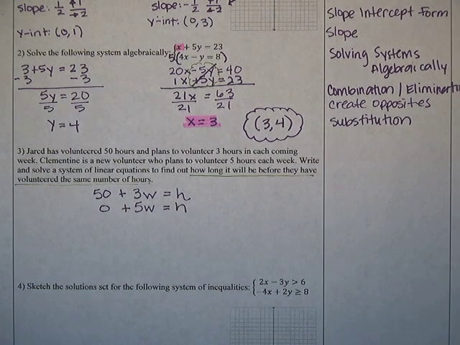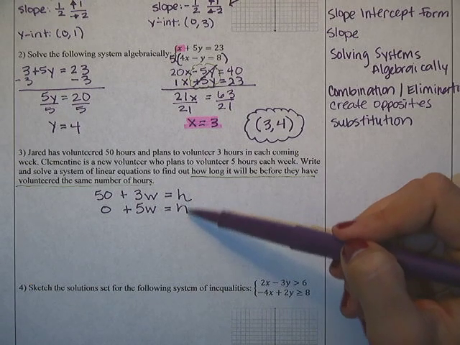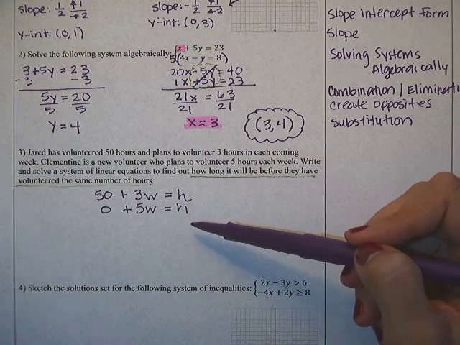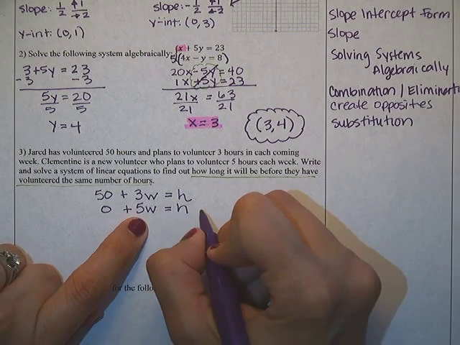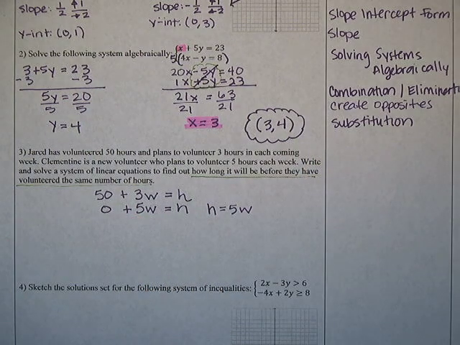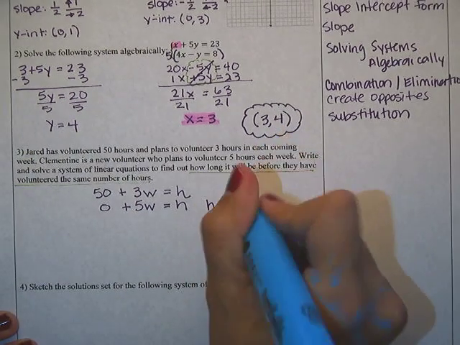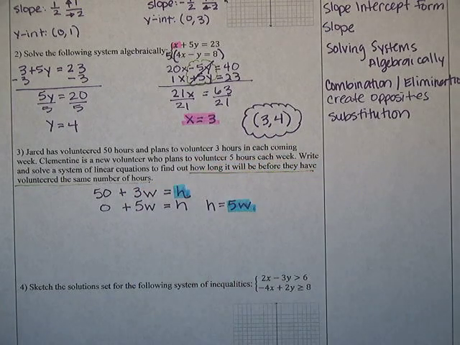Now here we're going to use substitution because you'll notice that each of these are solved for a variable already. So in this one we have h equals 5w, or you can just realize that you're going to take this 5w and substitute it into the other equation for h.